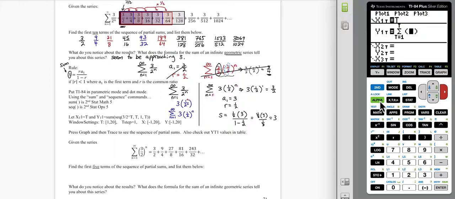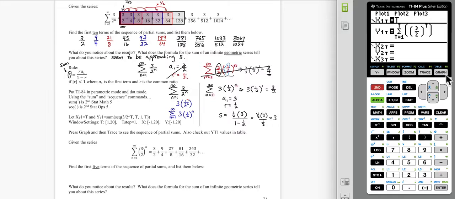But this time we're using the expression 3 over 2 to the nth. So in parentheses, alpha y equals to get the fraction, assuming you want a fraction. Close it up and raise it to the t power.